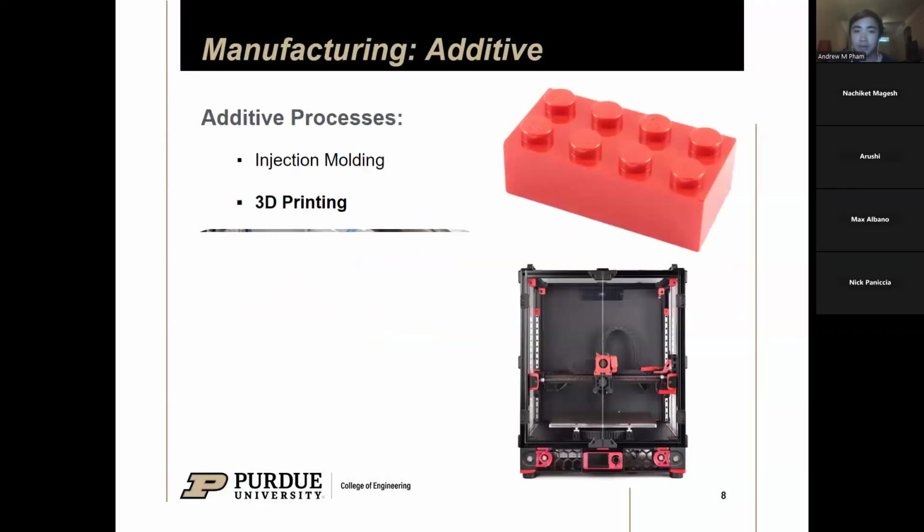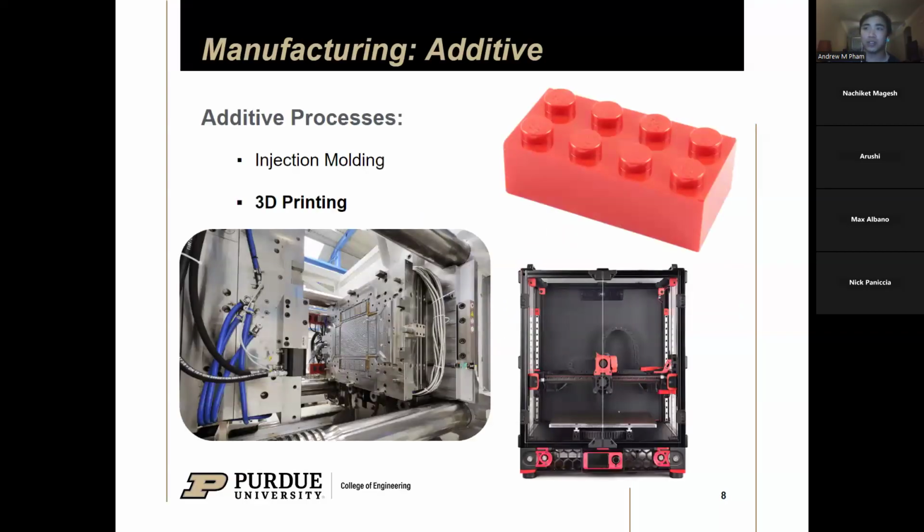Obviously, there are a couple of different kinds of additive manufacturing. One you may not have thought of as additive is injection molding. Stuff like Legos and a lot of plastic pieces in general are injection molded, and it is an additive process, right? They have a mold, and then they inject or add material to it to create your part.